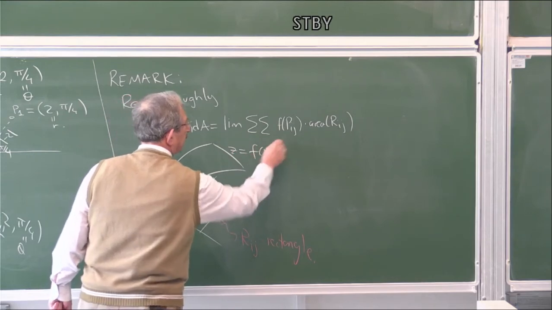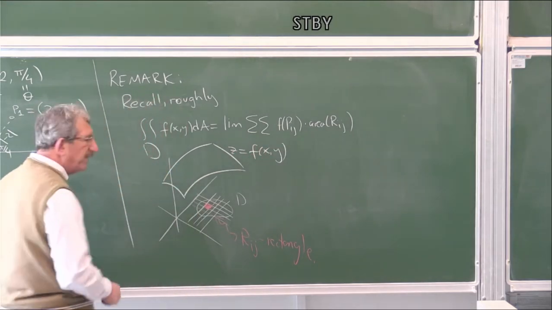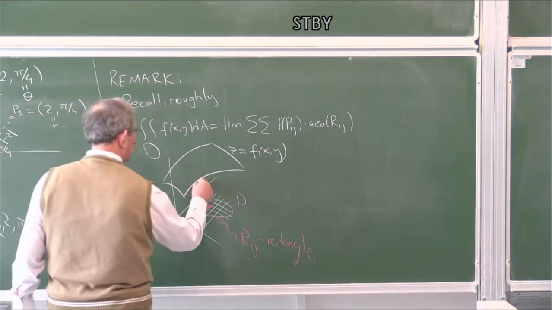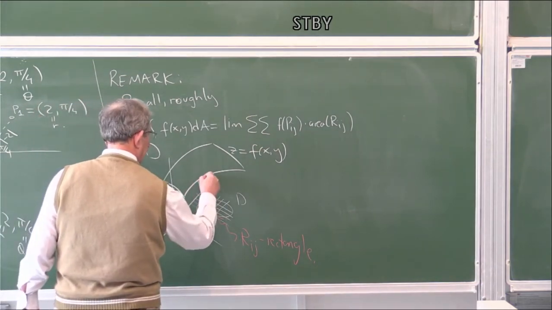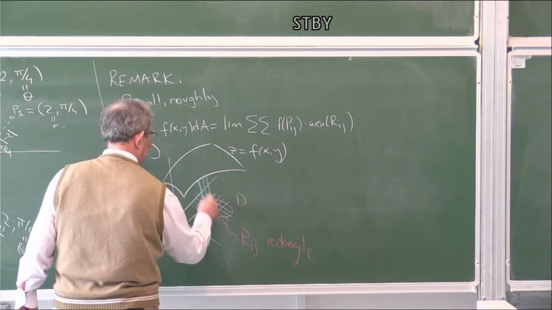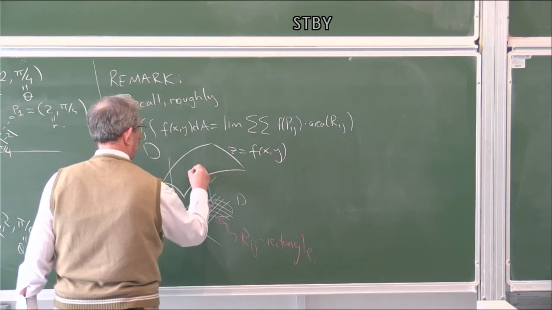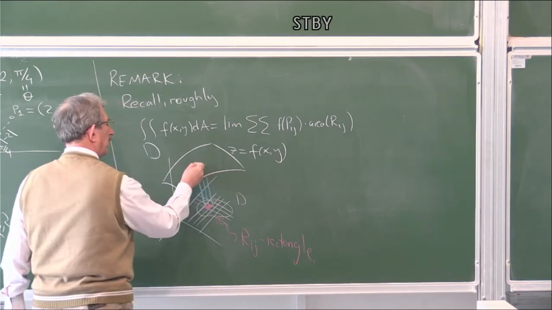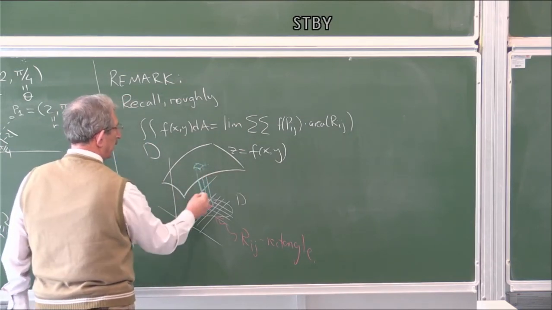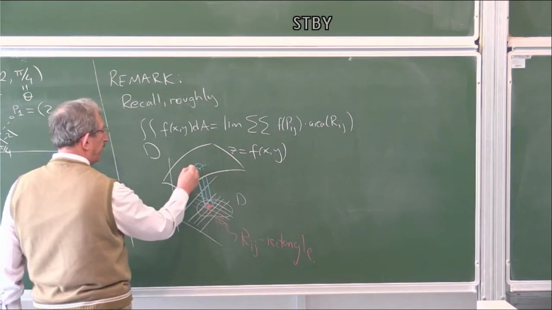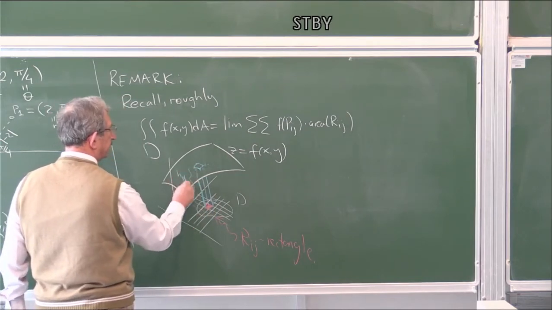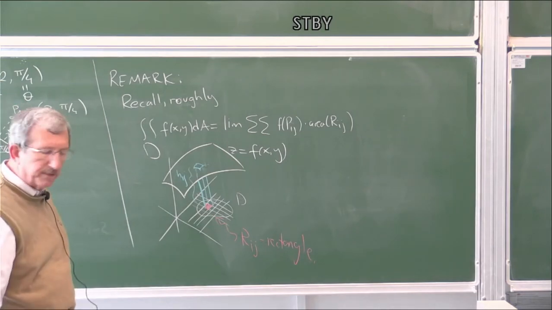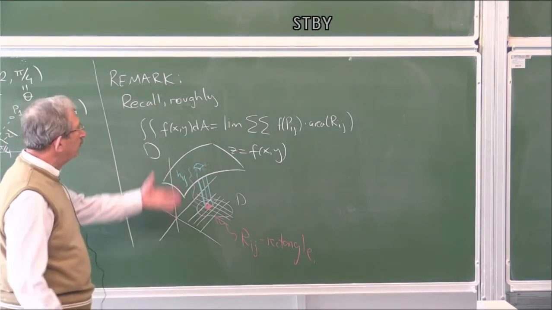It doesn't matter if f is negative. And then we multiply this area with a height, h_ij, which could be the maximum of the function f, or the minimum.